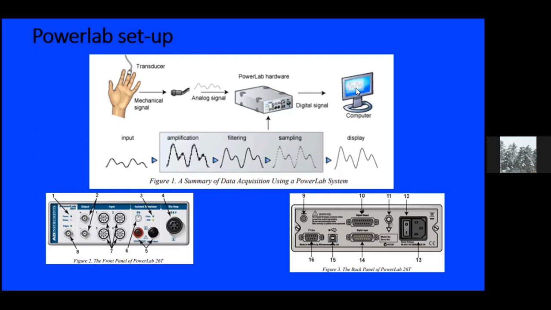This is what you are going to see. You visualize and observe the graph. Now the question is, once you observe, do you save it or print it or whatever you want to do with the data? This will be the simple setup of a Power Lab.